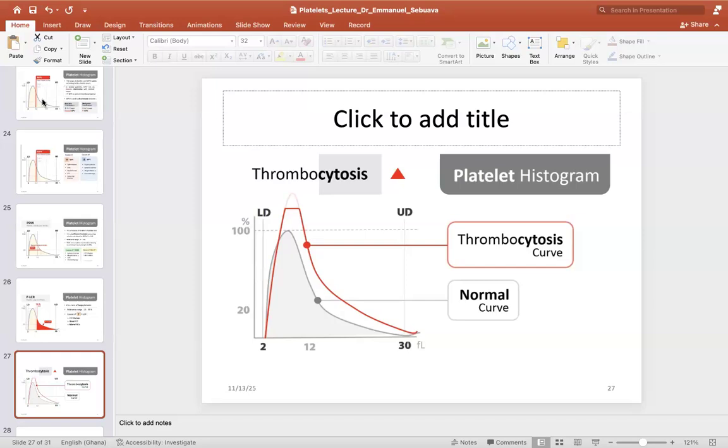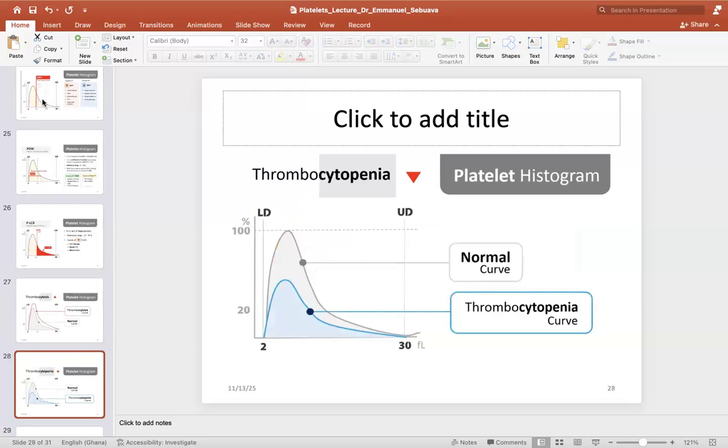All right, so with thrombocytosis, there are times you have very high levels of platelets and the curve will look bigger than normal. Like I said earlier, you have thrombocytopenia in some cases and the curve will look smaller than normal.